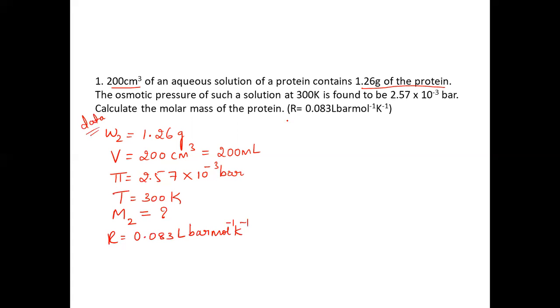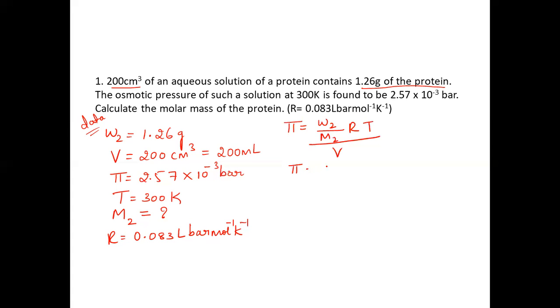Now let us substitute the values along with their units in the formula. Let us write the formula: pi is equal to M is nothing but W2 divided by M2, that is n, RT whole divided by V in liter. Now I'll substitute the values.